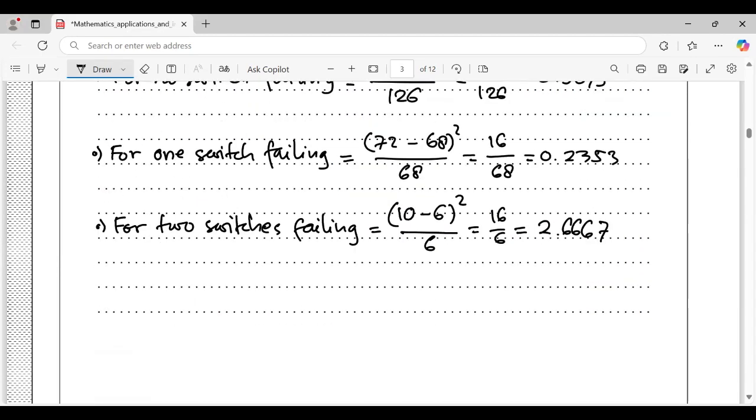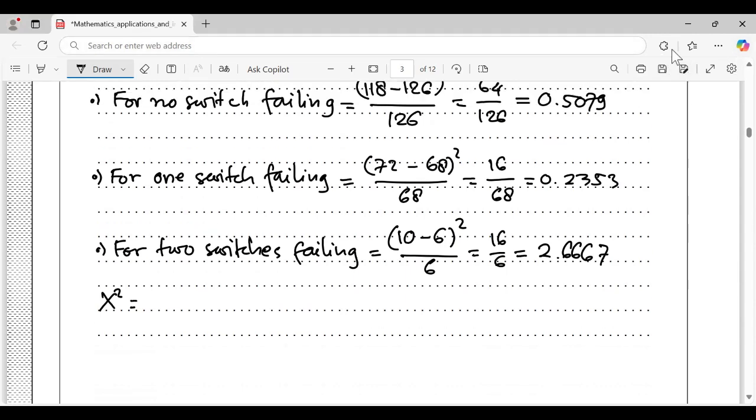So chi-squared is the accumulation of the results, equals 0.5079 plus 0.2353 plus 2.6667 equals 3.4099.